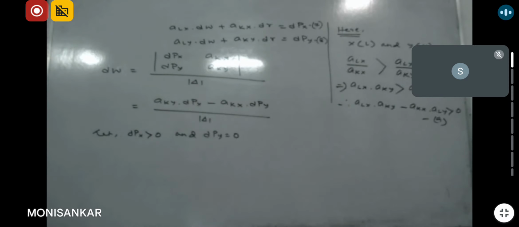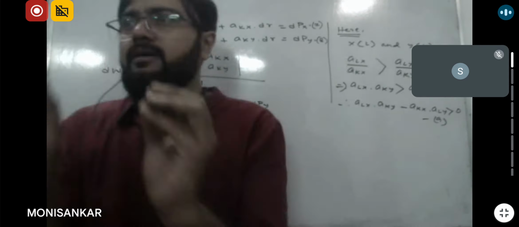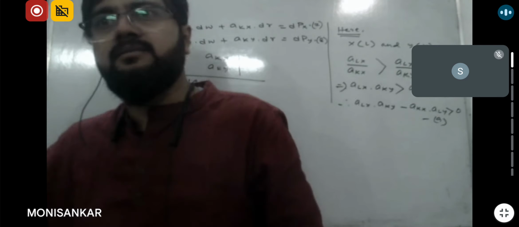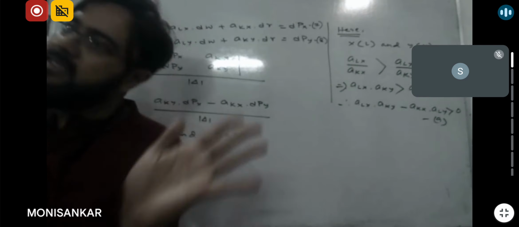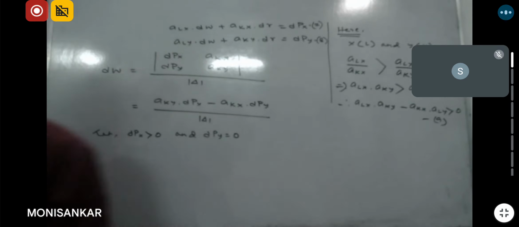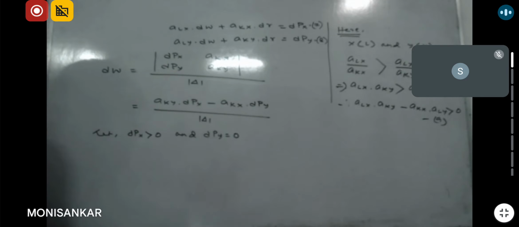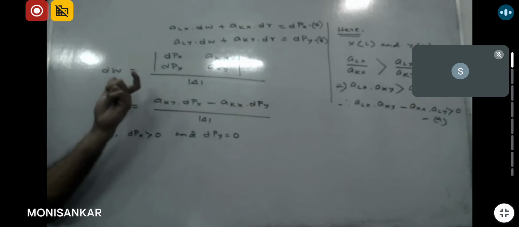Just for simplicity we consider py equals 1, numeric. But it is not necessary. Actually we are trying to find out the impact when price of X rises but at the same time price of Y falls, ultimately the result remains the same. So we consider py as numeraire, that is 1. So py is 1 means dpy is 0 and py is constant. Only price of X rises.